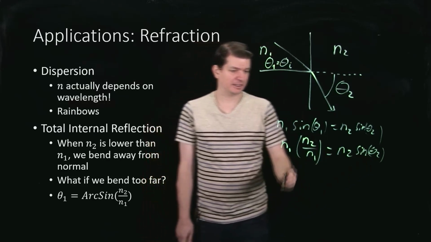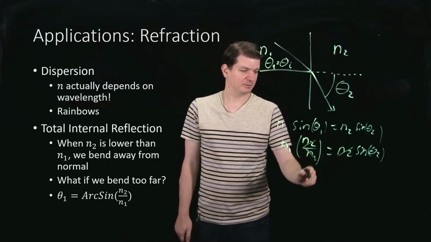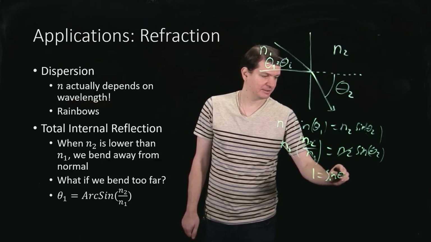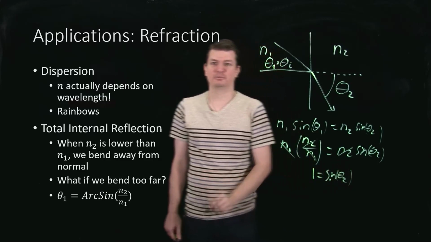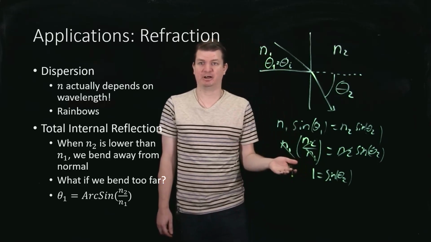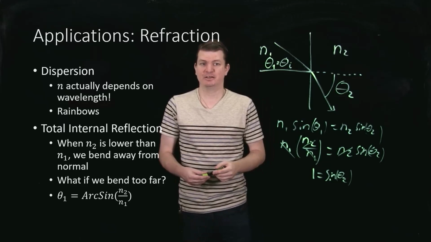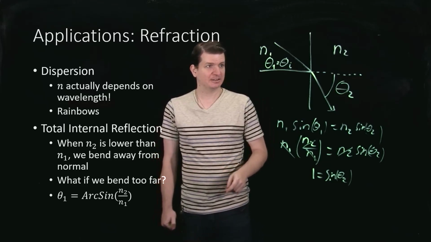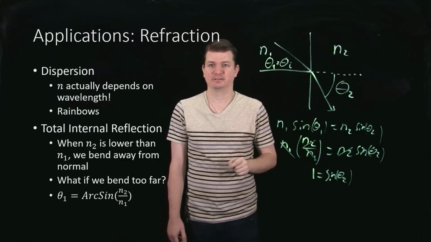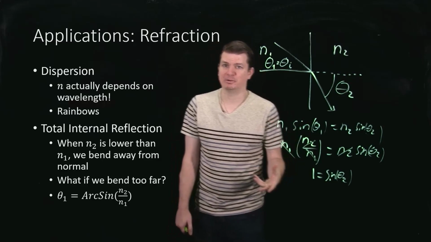And then if I cancel my n1s and I cancel my n2s, what am I looking at? I'm looking at 1 is equal to the sine of theta 2. And what does that mean? It means that theta 2 has to be pi on 2. It has to be 90 degrees. So if it has to be 90 degrees, well, then I have indeed bent too far, because now I'm running along this edge.